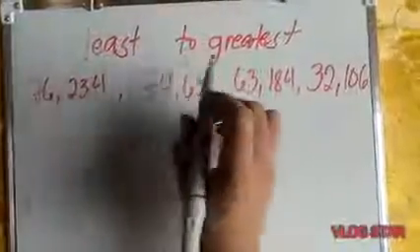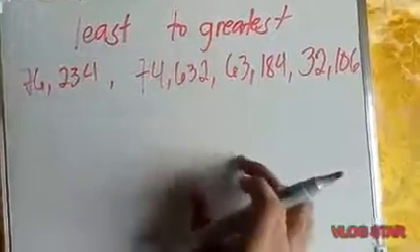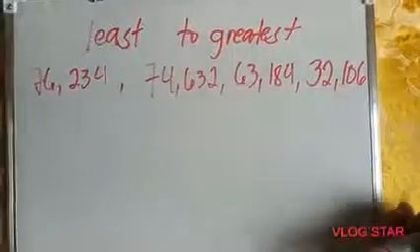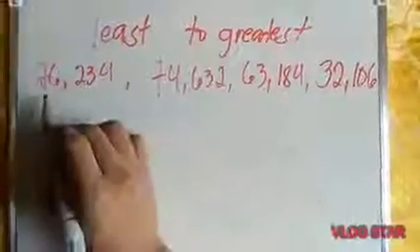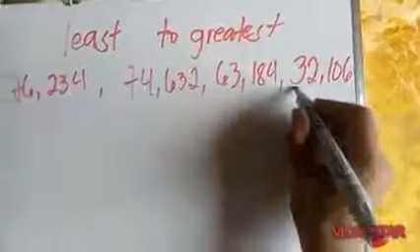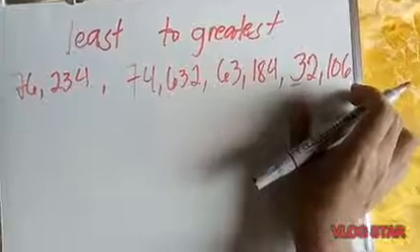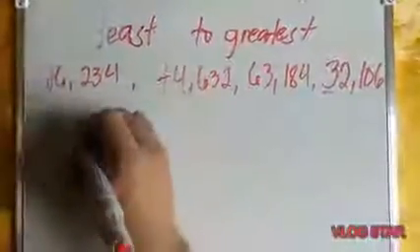Since least to greatest, we will start from the smallest number to the biggest number. As you can see, 7, 7, 6, and 3. 3 is the smallest. So 32,106 is the first number.